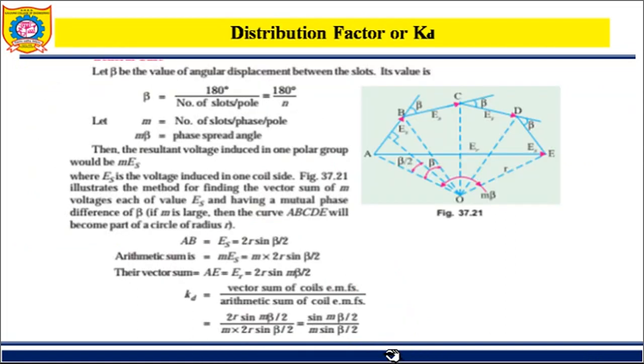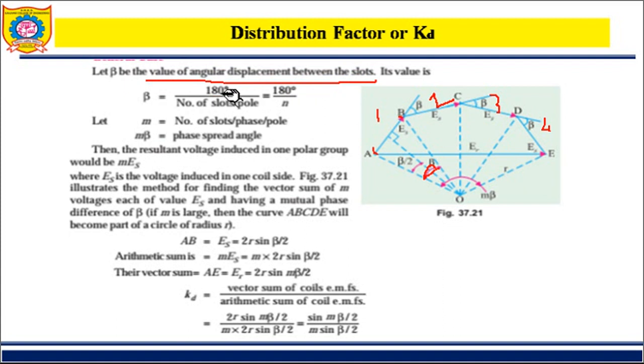Similarly, we move towards distributed winding. Already you know in distributed winding, this is phasor 1, then this is 2, this is 3, and this is 4. So the angle in between these is beta, where beta is the angular displacement between the slots.